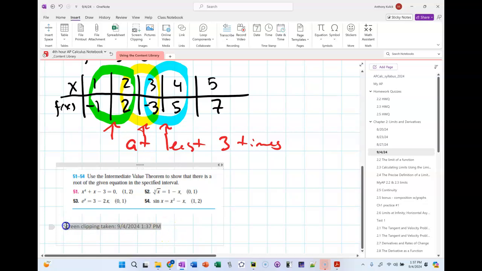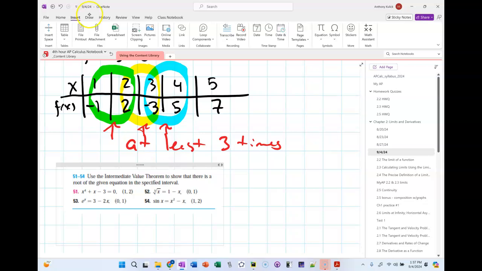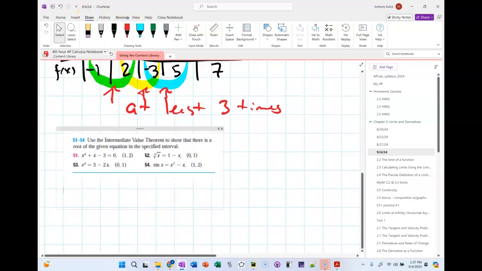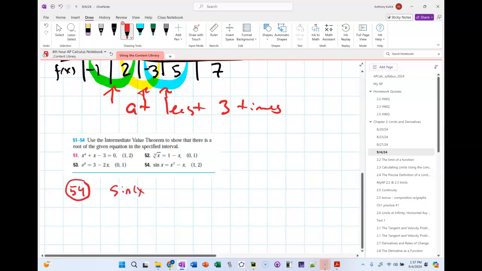All right, so 54 says use the intermediate value theorem to show that there is a root of the given equation in the specified interval. So when we say root, that's the same thing as a solution, right? So what I would do is I would start by moving everything onto one side.